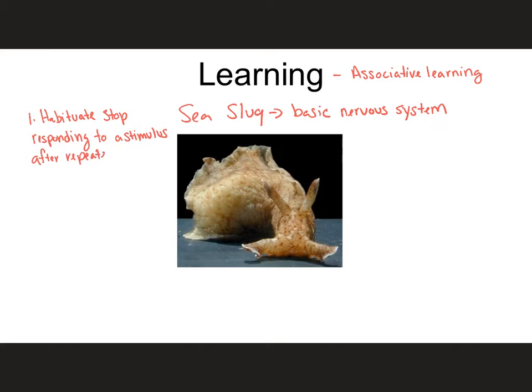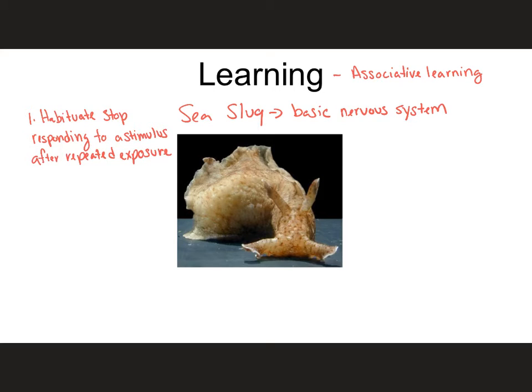So what we see in the sea slug is that during rough waters, the sea slug responds at the beginning. If the sea slug was in the ocean and the ocean was really rough, the sea slug would prepare itself and respond. But after a while of being in the rough ocean, the sea slug stops responding because it becomes used to it. It becomes almost comfortable. But that isn't always the case. In this case, the sea slug has learned to adapt, or in other words, habituate.